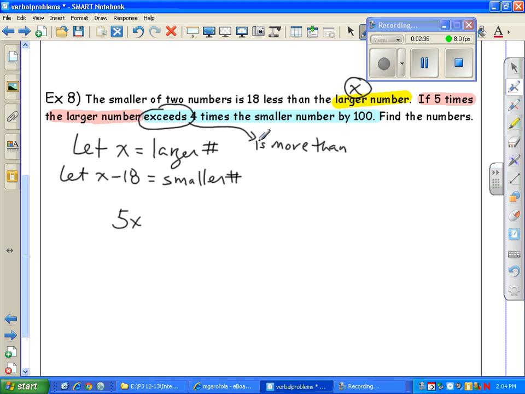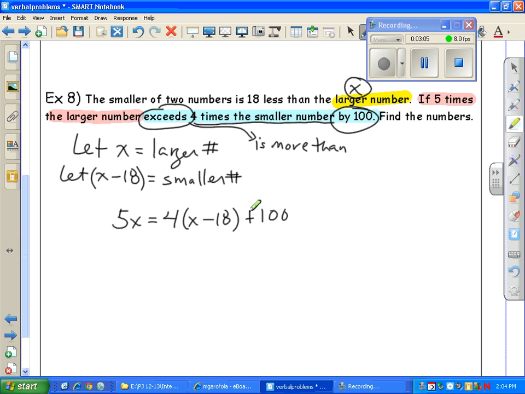So if we think about this, we say, well, if we want to multiply 5 times the larger number and 4 times the smaller number, in order for the smaller number to equal the larger, we'd have to increase it by 100. So we could say that 4 times the smaller number, don't forget to use parentheses around the expression x minus 18, again, that's coming from right here, 4 times the smaller number.